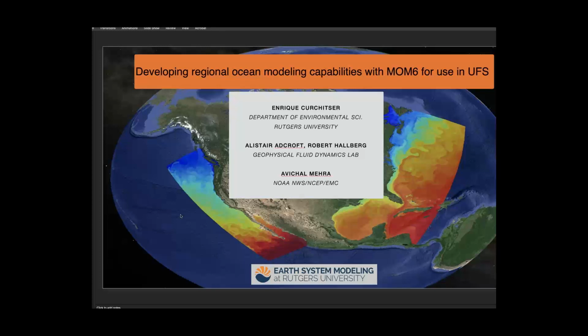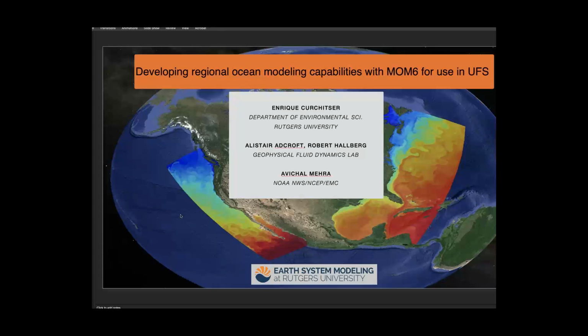UFS has picked GFDL's MOM6 as their next generation ocean model. And many of you may be aware that MOM6 is part of the GFDL climate model. It was developed as a global climate model.